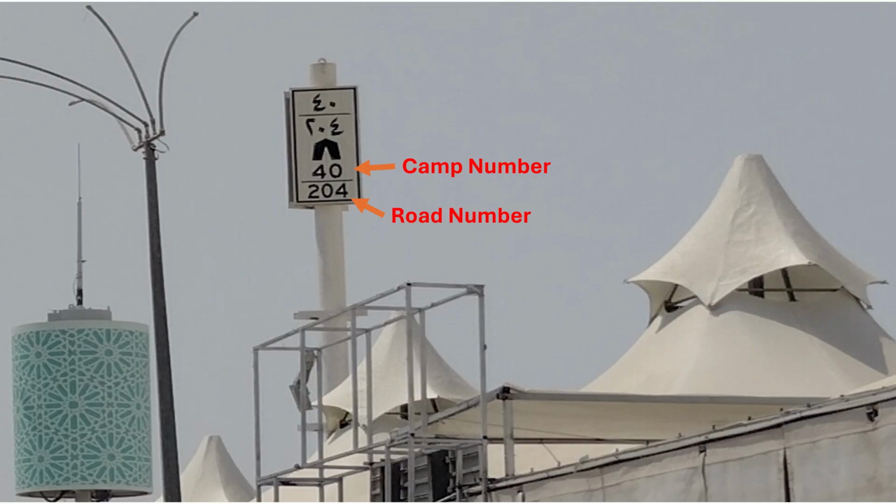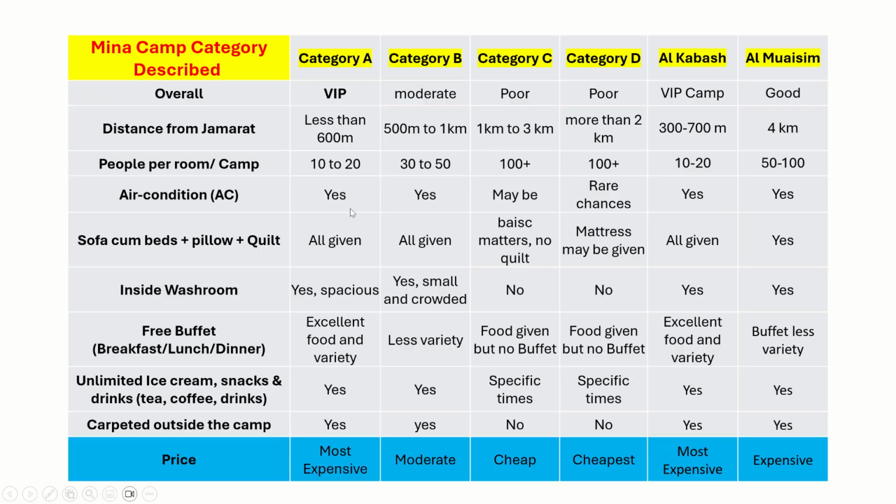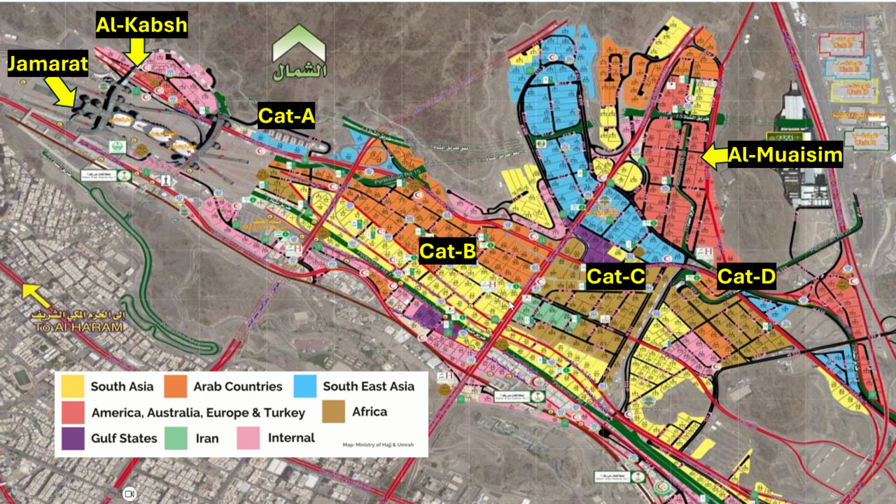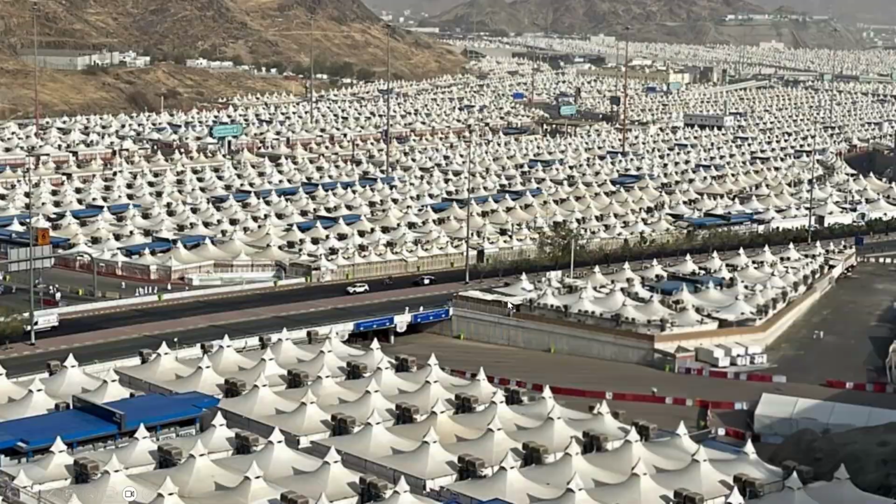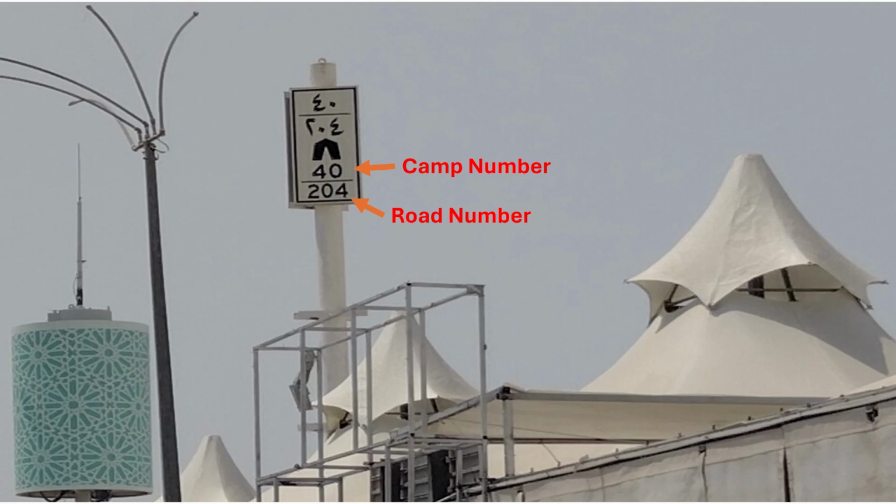This is 40, so camp 40, road 204. If I go back to the original picture, this was somewhere here, at the boundary of category B. Category B starts from here, if you look at my mouse, and goes till the end here. My tent was at the end of category B.